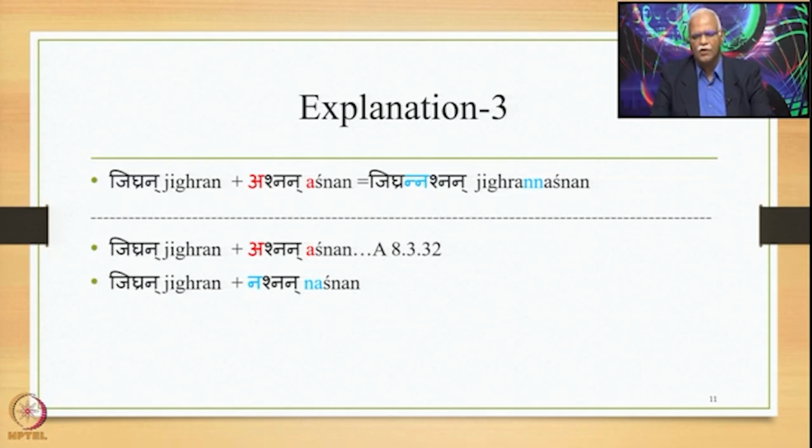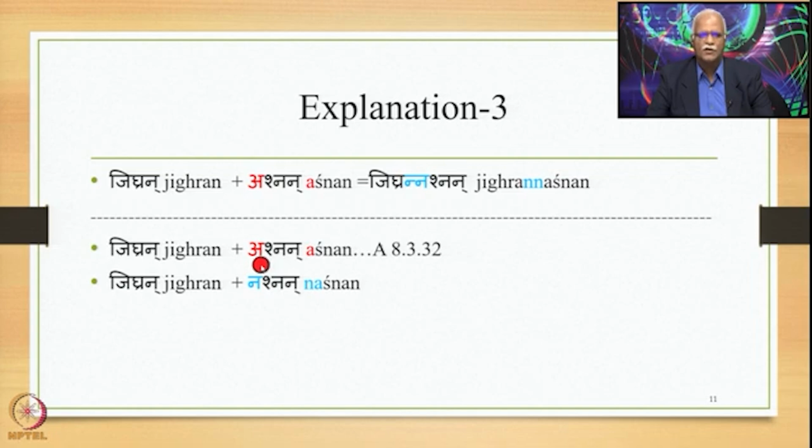The next output is Jigran Nashnan. So once again we know that 2 nakaras, they could be the output in the case where 8332 Gamo Raspadachi Ngamun Nityam applies. Now Ngamo Raspadachi Ngamun Nityam requires that this na should be at the end of the pada, which it is. It should be preceded by a short a, which it is. So there is rasva followed by ngam followed by an ach over here.